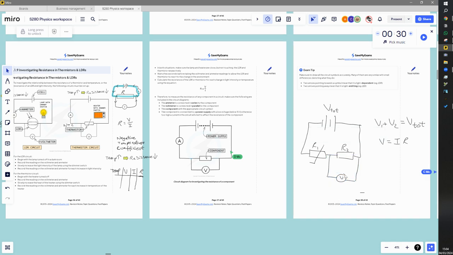One mark for saying the correct answer: it increases, decreases, or stays the same. And 1 other mark for explaining the reason. Okay, this is a 2-mark question. Don't forget that the voltage total will stay the same. Okay.